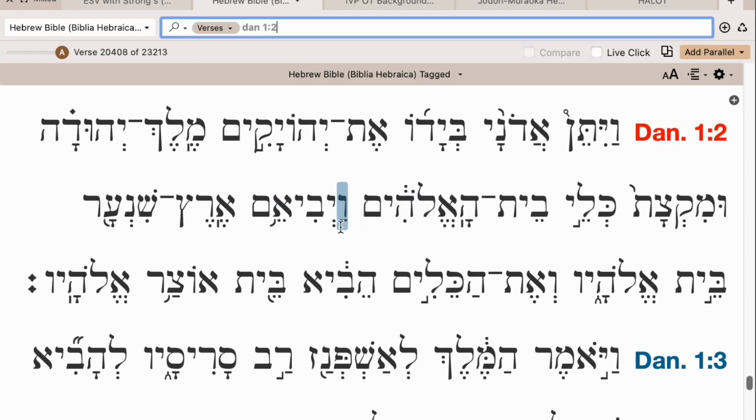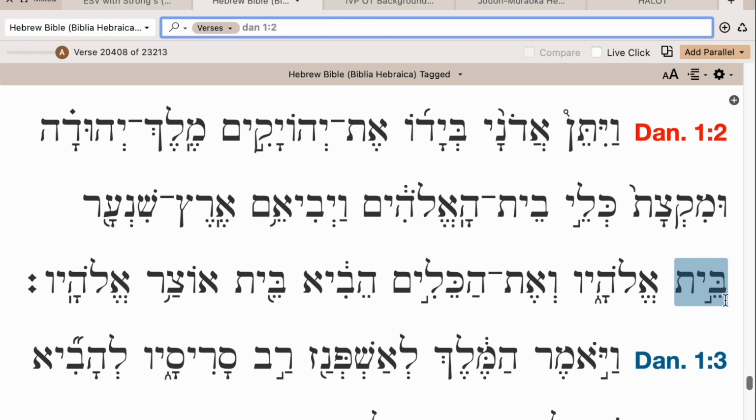But we've got the Vav consecutive, and he brought, not and he will bring, and he brought them. Third person masculine plural pronominal suffix, referring back to the vessels. And he brought them, Eretz Shinar, to the land of Shinar. Beit Elohav. We're going to read this as into the house of his god. Sometimes when you have the word beit and the preposition ba is implied, it will just drop out in Hebrew.